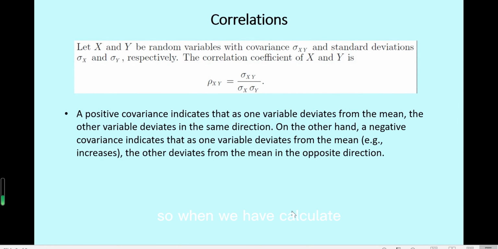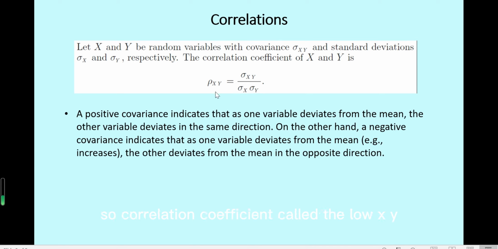So when we have calculated the covariance, the correlation coefficient of x and y, called rho xy, is just the covariance divided by the standard deviation of x and the standard deviation of y.